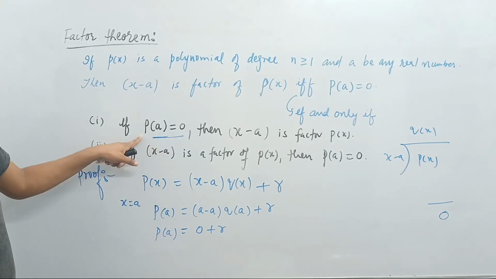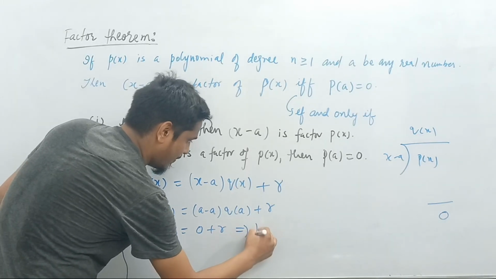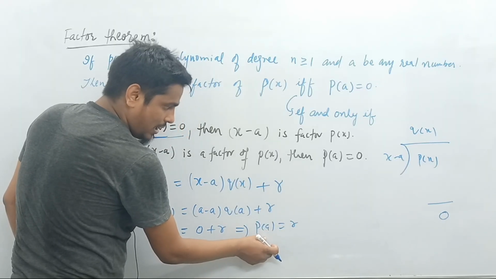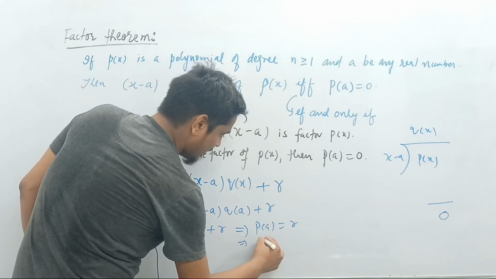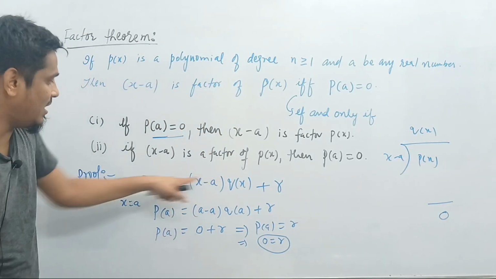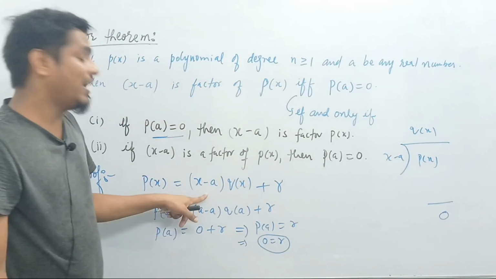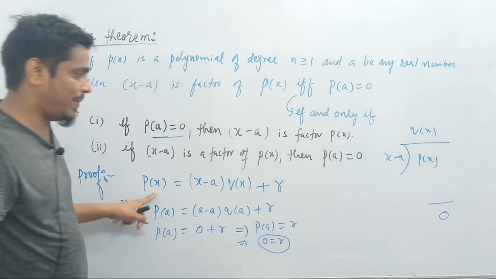And the given p(a) value is 0. It means p(a) is equal to r, the remainder is equal to p(a), but p(a) is given as 0, so the remainder is 0. So when we divide this p(x) by x minus a, we get remainder 0. It means x minus a is completely dividing the polynomial p(x).